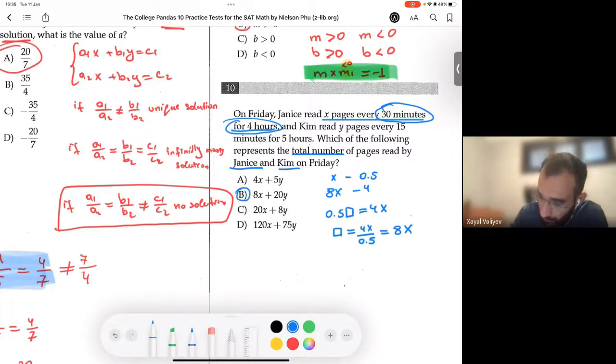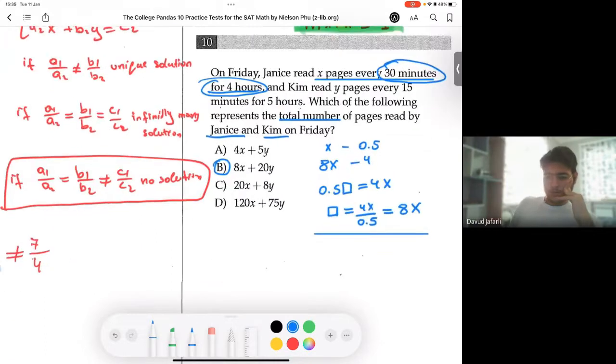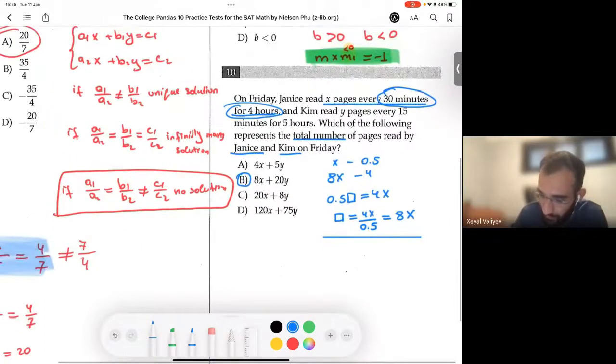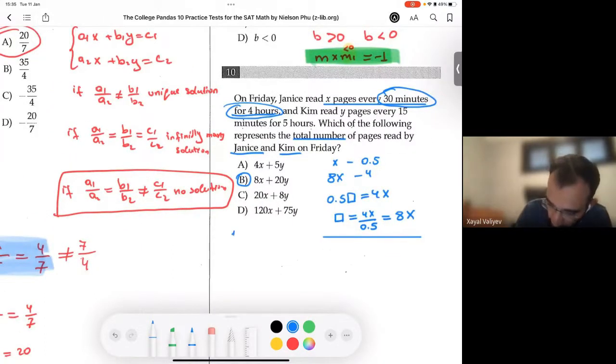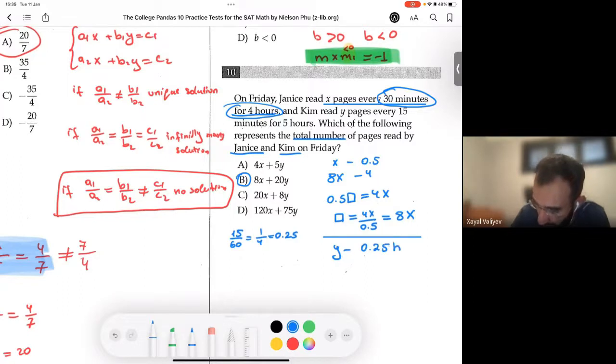And if you want to find the other one, let's say we have more than one option for this: for the 15 minutes, to convert it to hours you divide 15 by 60, which is a quarter, 0.25 hours. That means Y pages for 0.25 hours.